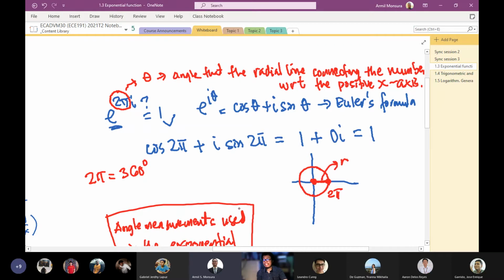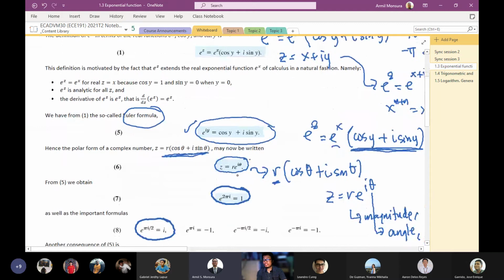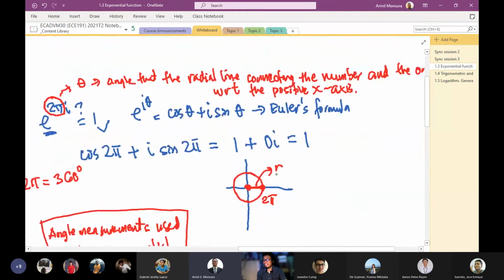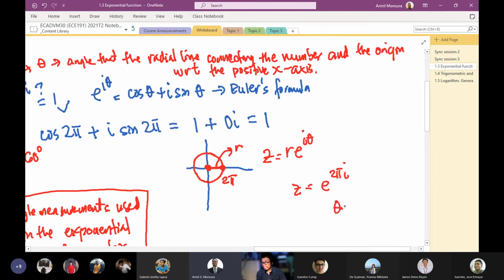Based sa definition na to, your Z equals R E raised to I theta, at ang given ninyong Z ay E raised to 2 pi I. Obviously, theta here is 2 pi.